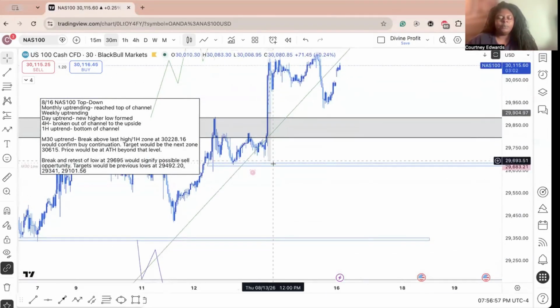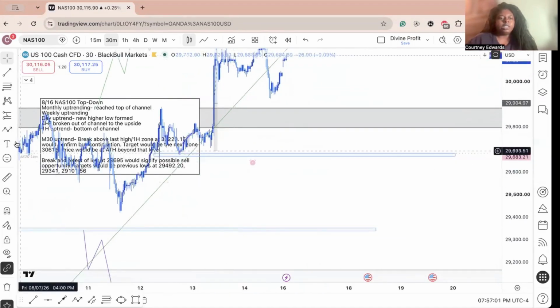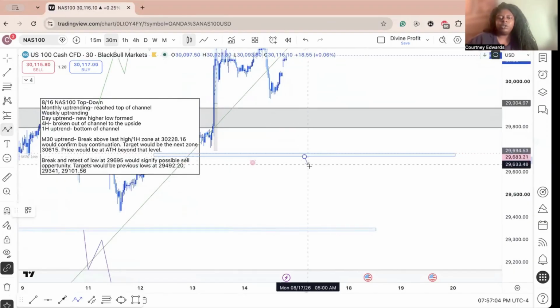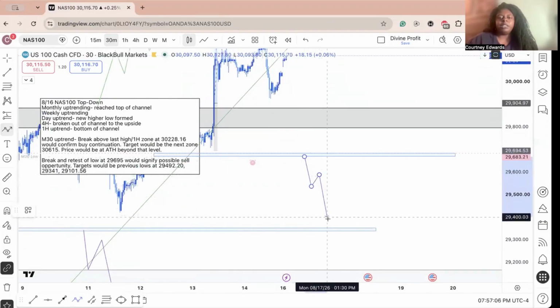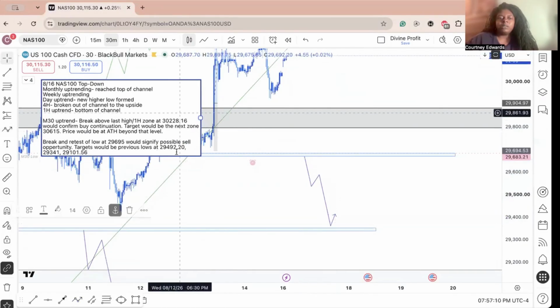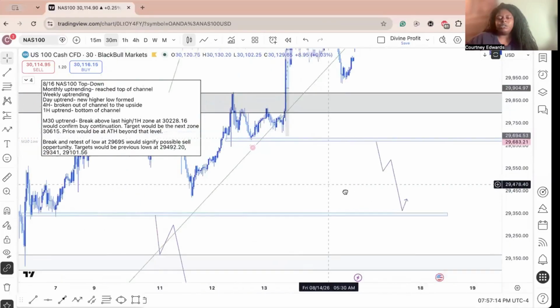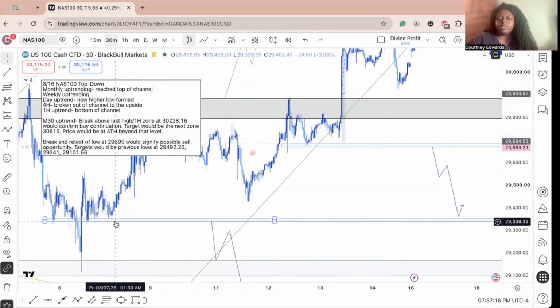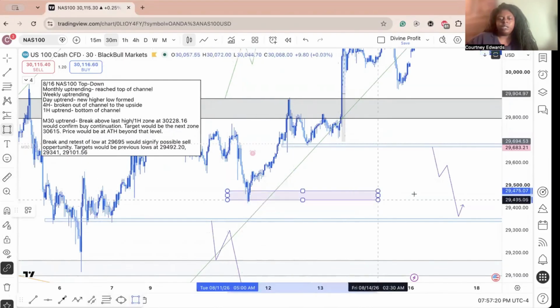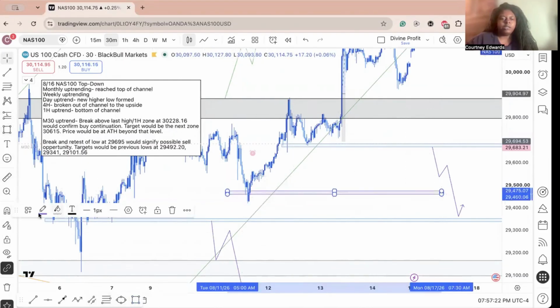So in this area, if we get a break and retest of that low, then I think we can see sells down, but we're still going to make sure we are respecting those previous lows. I did list out in this text box where the targets would be, but essentially I just used the previous lows, the same low that we already had highlighted, and I also used this low here as a target as well.